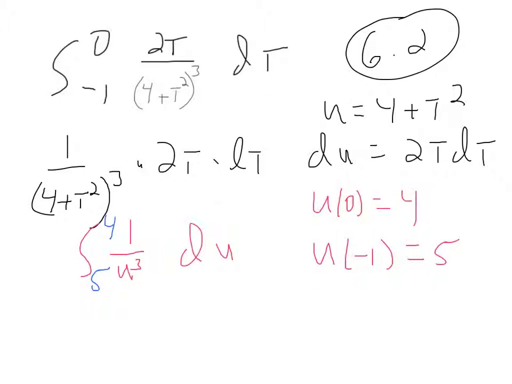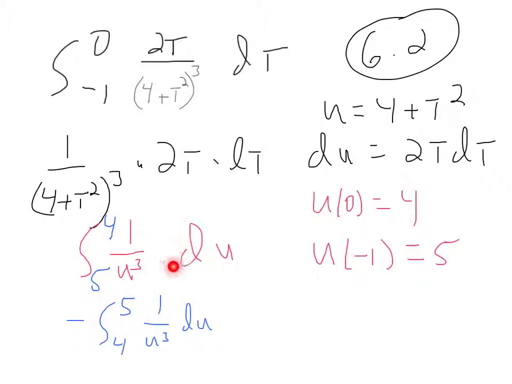The other thing I'm noticing is that the 5 and 4 are reversed. The 4 should be on the bottom. So I'm going to rewrite this as the integral from 4 to 5 of 1 over u cubed du, with a negative in front. So what I've just created are two choices of my four multiple choice options. This is one choice, it's the correct choice.